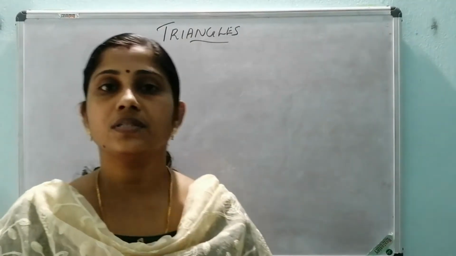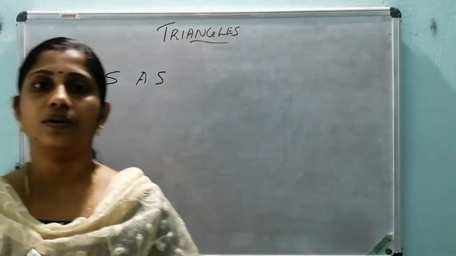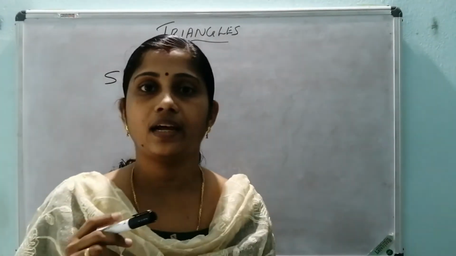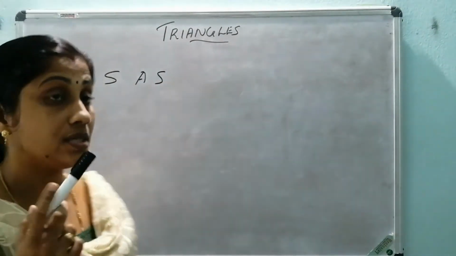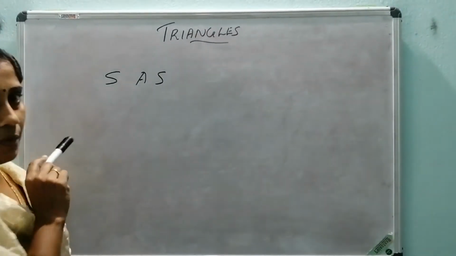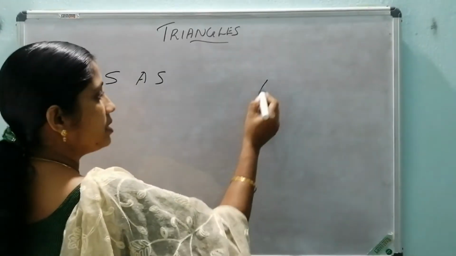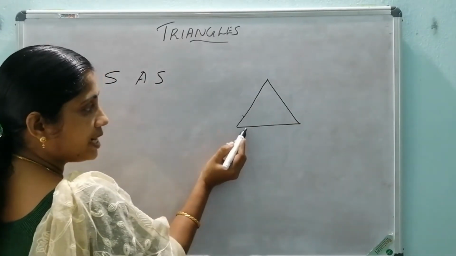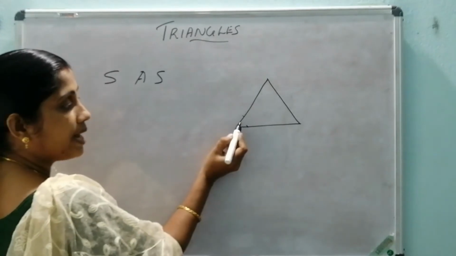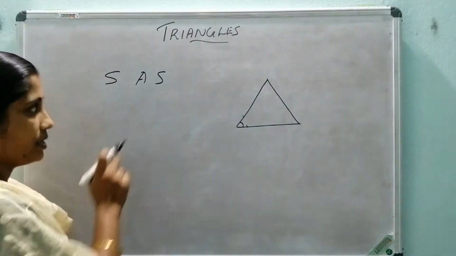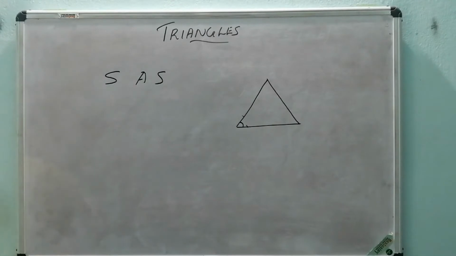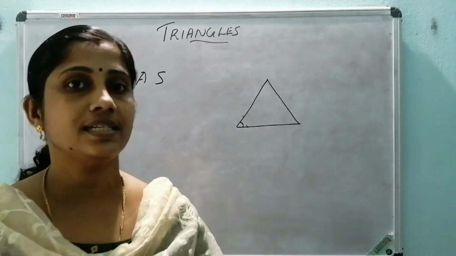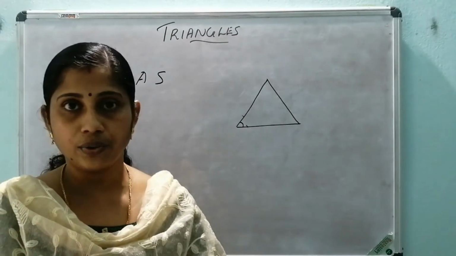The SAS congruence rule states that two triangles are congruent if two sides and the included angle of one triangle are equal to the two sides and the included angle of the other triangle. Note the point: if these two sides are specified, then the included angle means this angle. That is the SAS congruence rule.